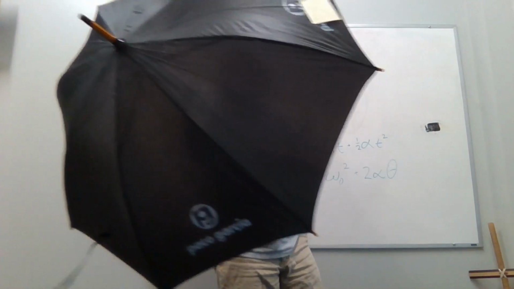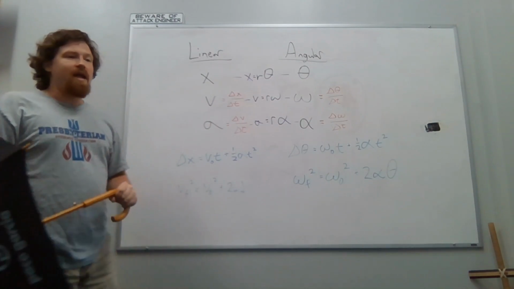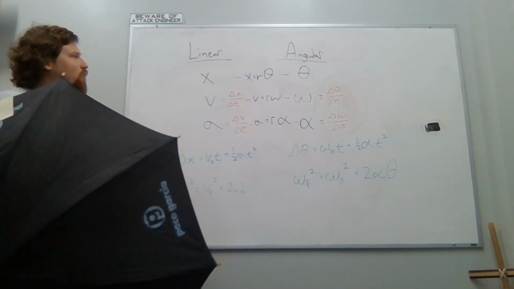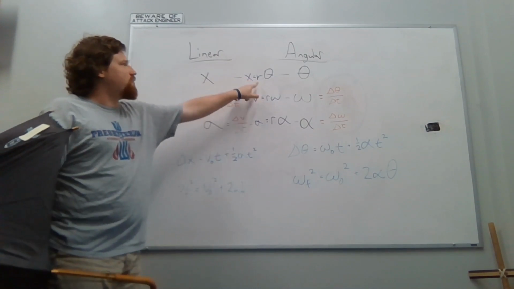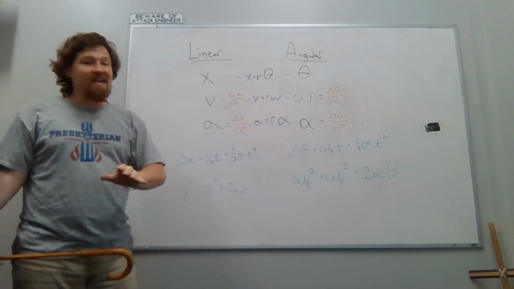So even though it is angularly rotating, it's moving through linear space at the same time. It is possible for an object to be doing both. And the way that we convert from one to the other is by using the radius, so the R here represents the radius of the actual rotation.